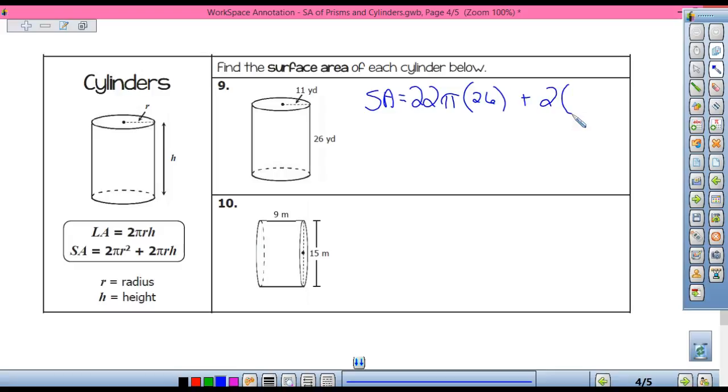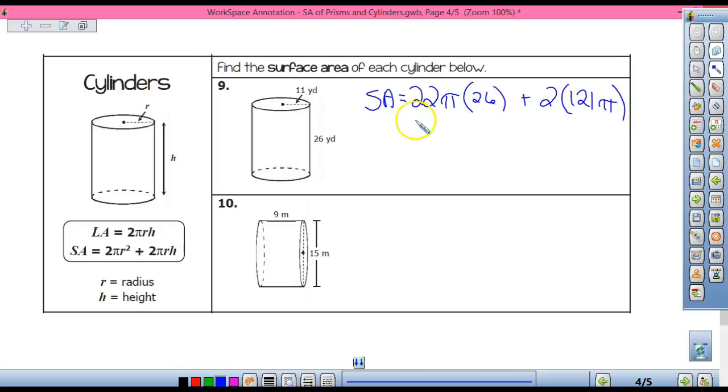Guys, you have to know circumference and area of a circle by now. You've been studying it since you were in the 5th grade. So pi r squared is what? What's r squared? 121 pi. Right now just leave it in terms of pi.